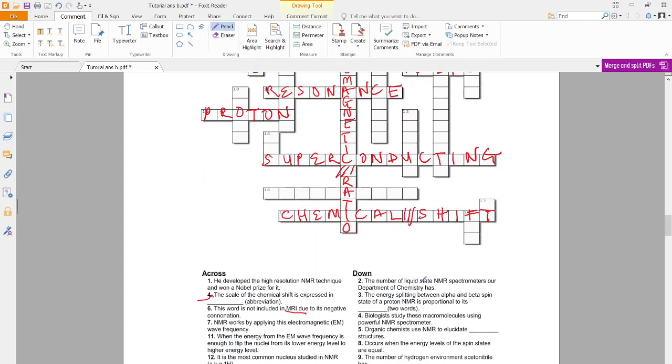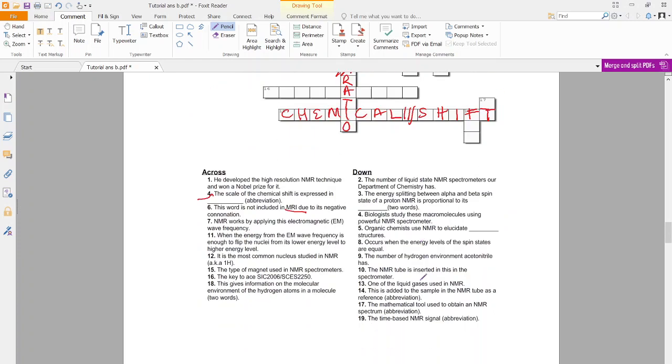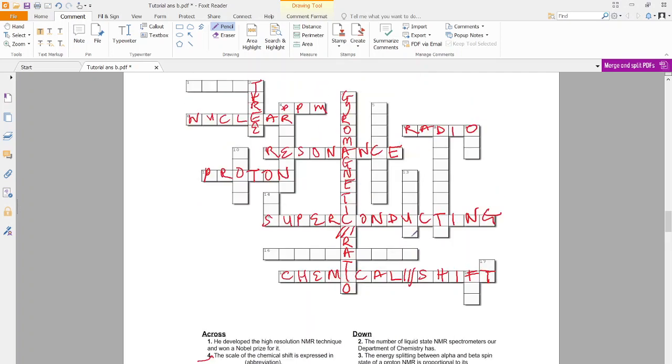Okay, that looks fun. Then biologists study these macromolecules using powerful NMR spectrometer. So these, biologists and macromolecules, I can only think of, which one is it? So 4 down.